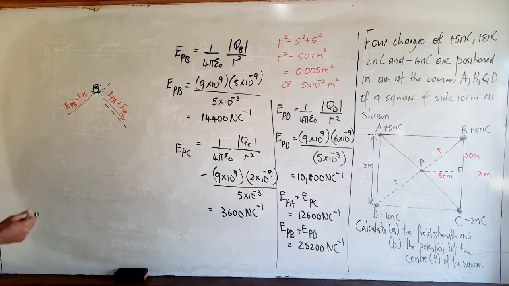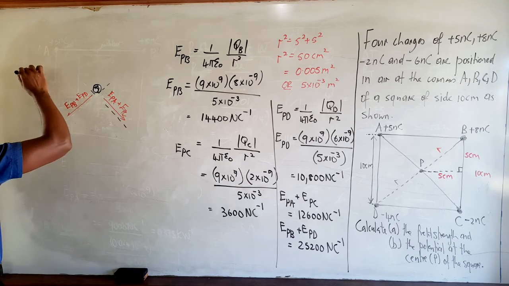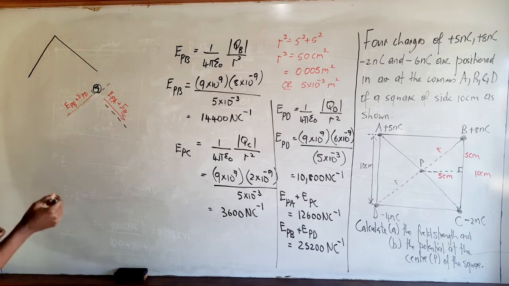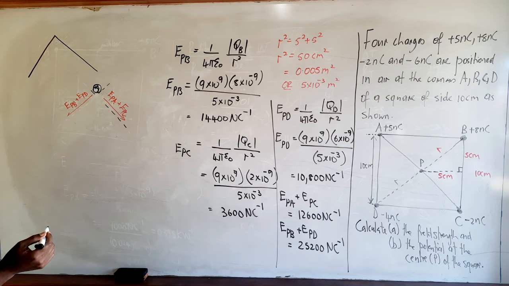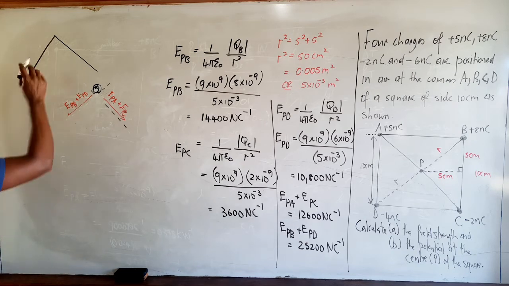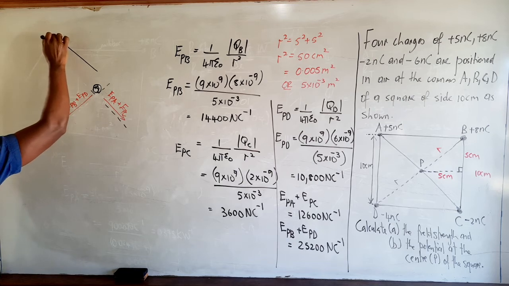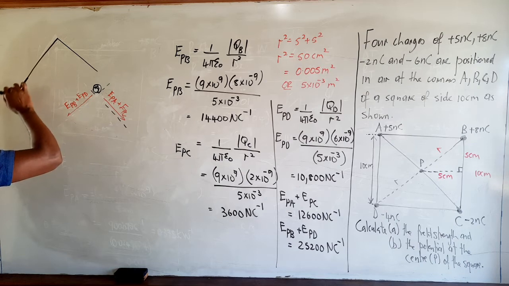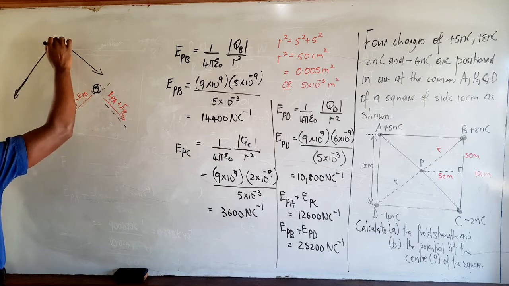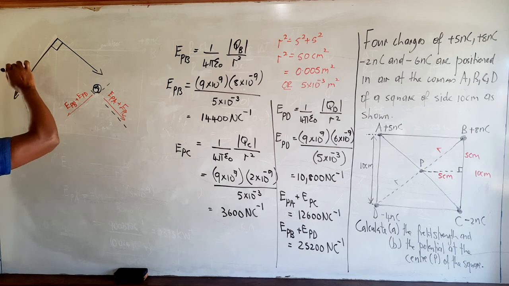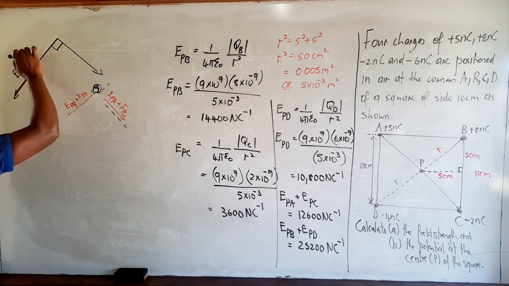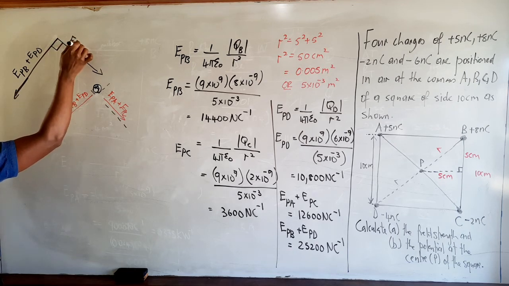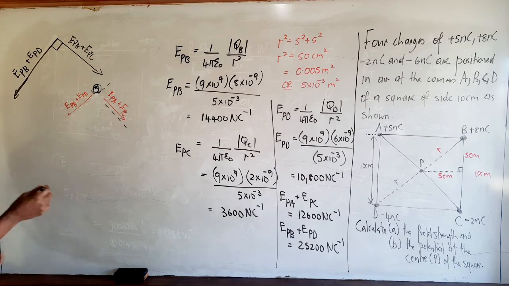So let me just try to redraw it. So what we have here, and this of course is a right angle, so this is EPB plus EPD, and this is EPA plus EPC.